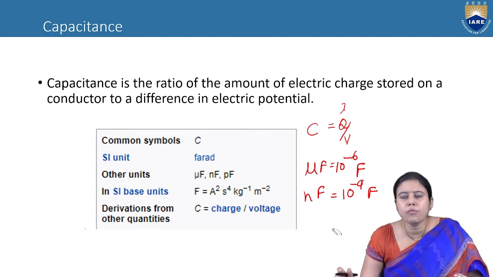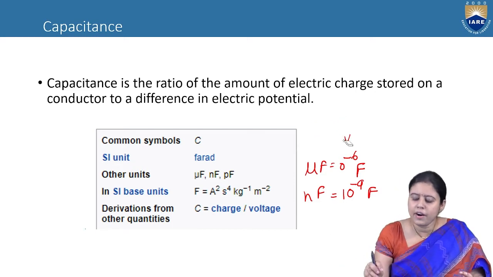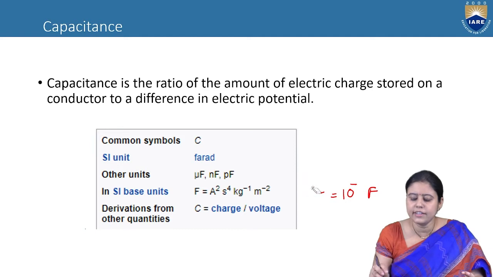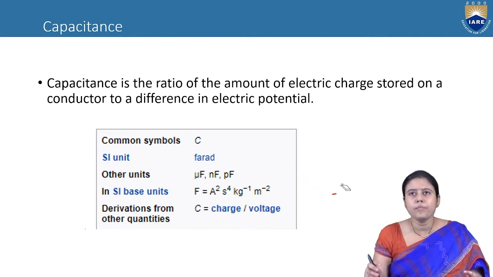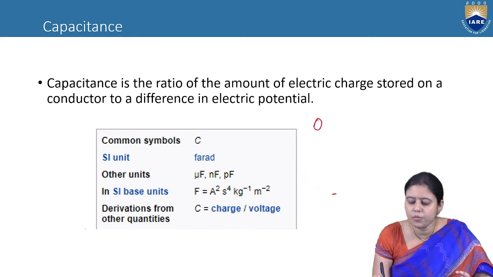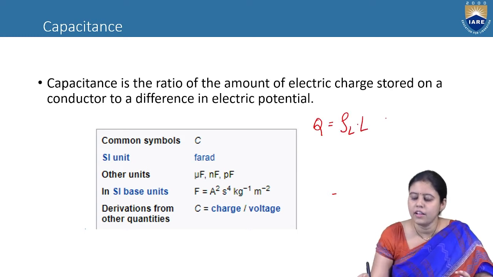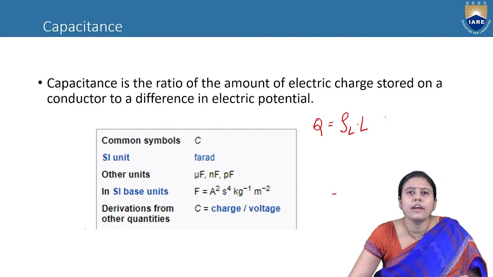If we want to express it in the form of field theory, we can change it a little. We know charge Q is equal to rho L into L. What is rho L? Rho L is the line charge density, charge per unit length.